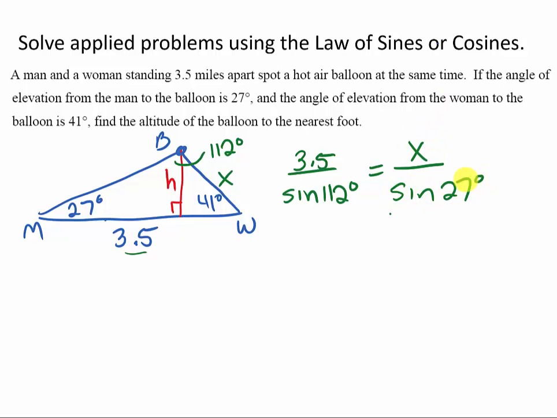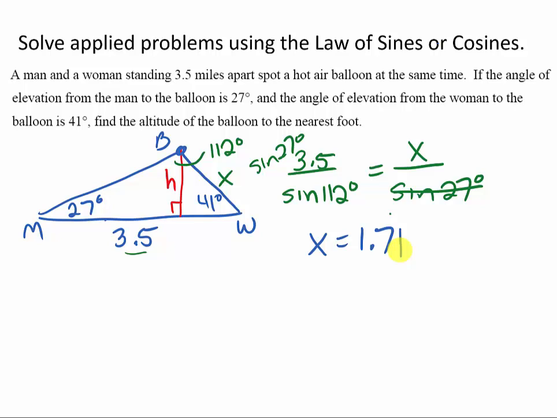So pretty straightforward law of sines. I'm going to multiply the sine 27 degrees over here, and then I'm going to get my calculator and put in 3.5 sine 27 divided by sine 112, and I'm going to find out x is about 1.7. We'll carry it one more decimal place, 1.71.